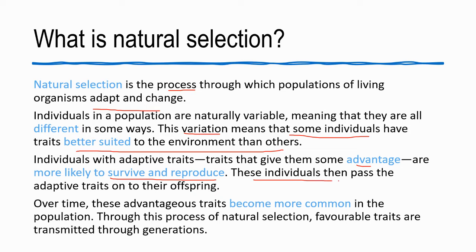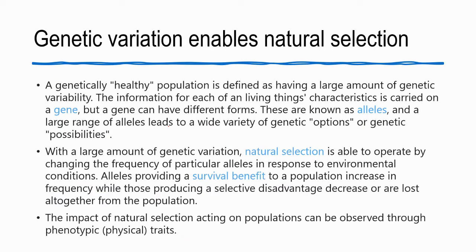These individuals then pass the adaptive traits onto their offspring. Over time, these advantageous traits become more common in the population. Through this process of natural selection, favorable traits are transmitted through the generations. So natural selection is something that happens over time as the species adapts to the environment. So genetic variation enables natural selection.